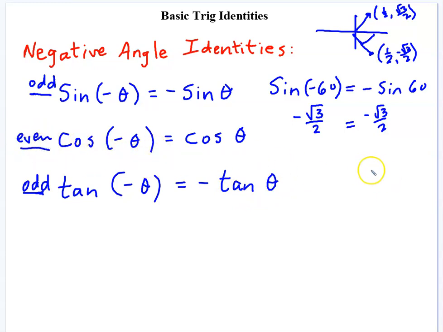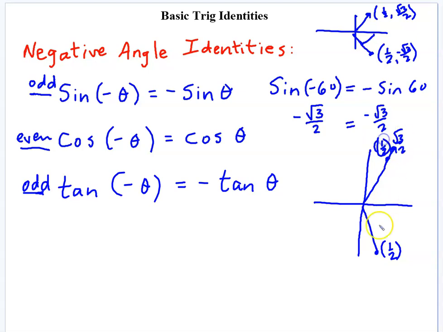And the reason for that is if you were to go to, let's say, cosine negative 60 degrees, we'll just use that same example. That's 1/2. Well, that is the exact same thing as cosine positive 60 degrees, because up here it's 1/2, root 3 over 2. So those are the same. All right, so those are called negative angle identities. They're not used maybe as much, but useful nonetheless.